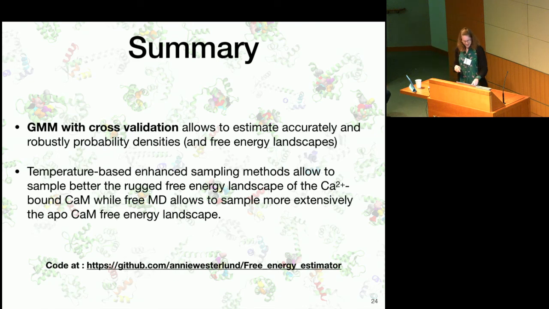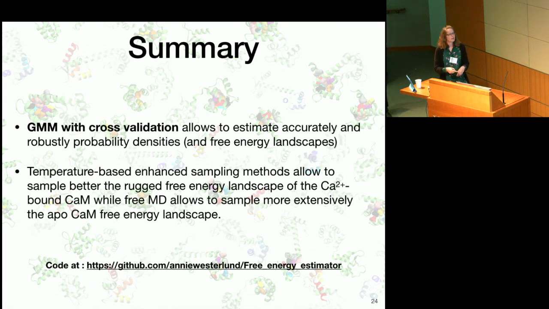So to conclude, the summary is that with a Gaussian mixture model with cross-validation, we can estimate quite accurately and robustly probability densities and free energy landscapes. And this is applicable to any problem that you may have if you have an ensemble of molecular dynamics simulation trajectories.